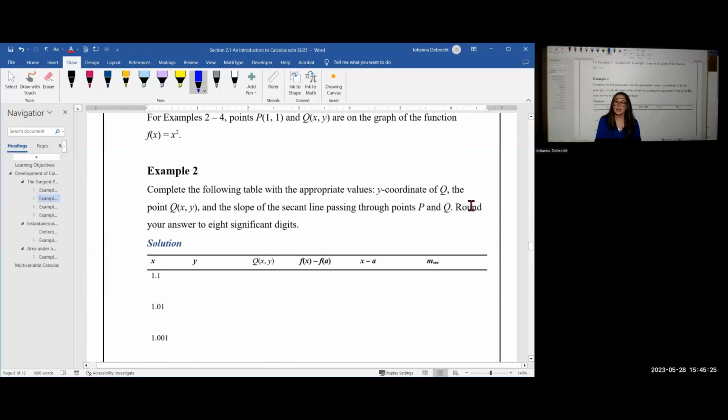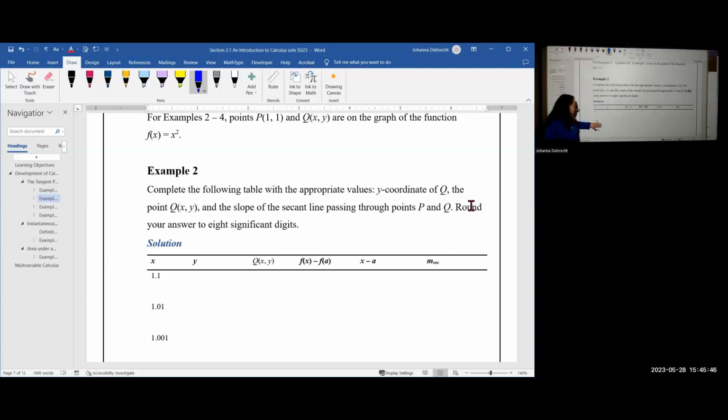Okay, let's take a look now at the next set of examples. In the next set of examples, we're again going to use the function x squared. And what we want to do is fill out this table and find out the value of the slope of the tangent line at 1 more precisely by taking values that are much closer to 1.